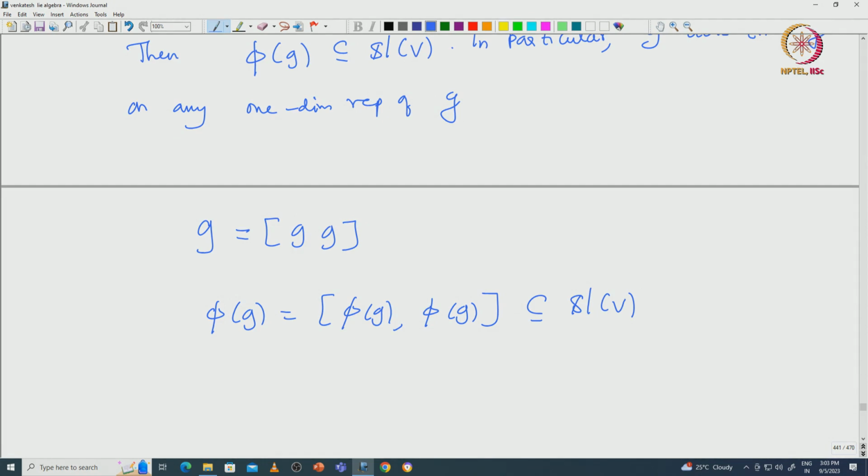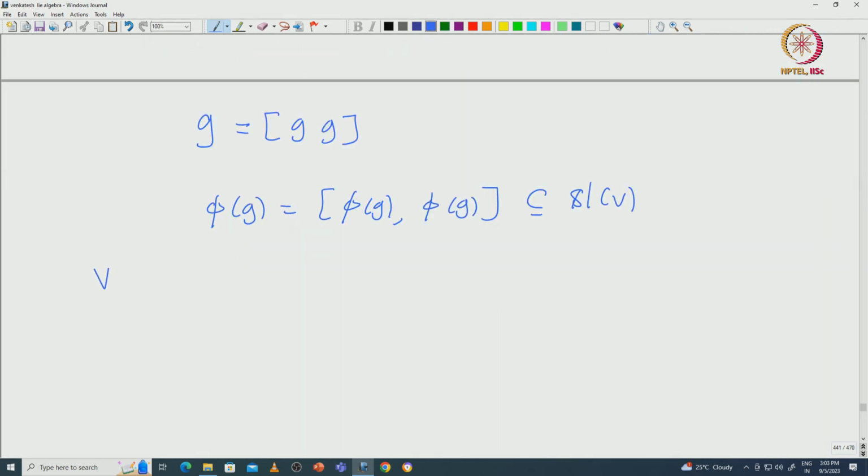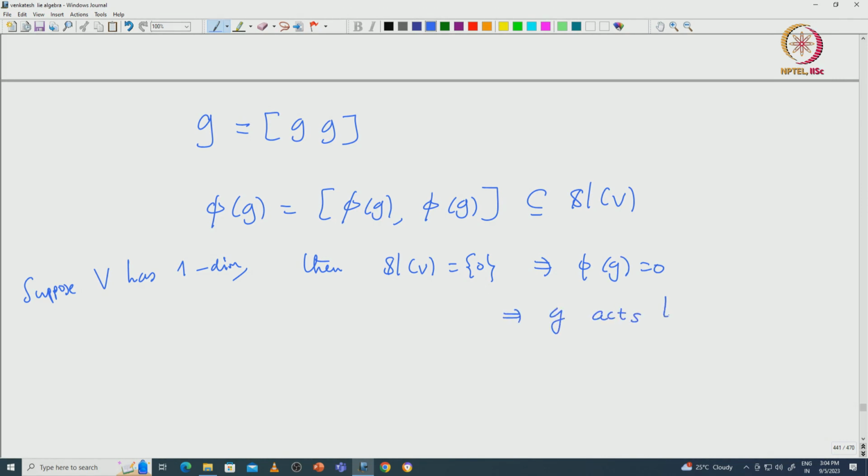So, if we take any linear combination of those, we again get traceless operators. Now, suppose V has one dimension. Then it is immediate that SL of V must be 0. So, pi of G must be 0. That means G acts trivially on this one dimensional space.